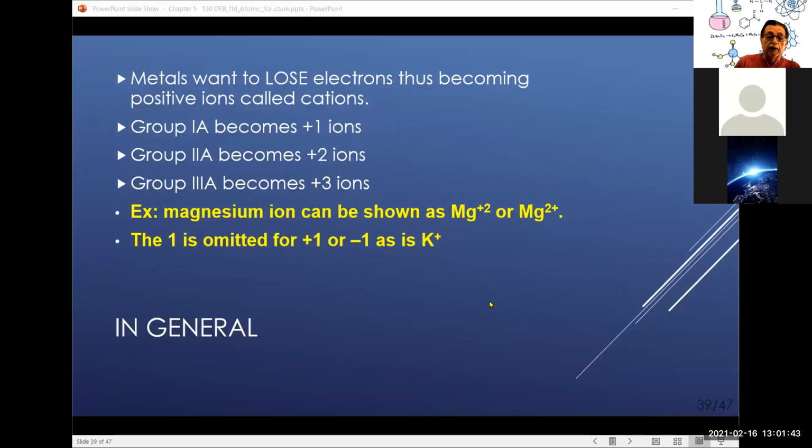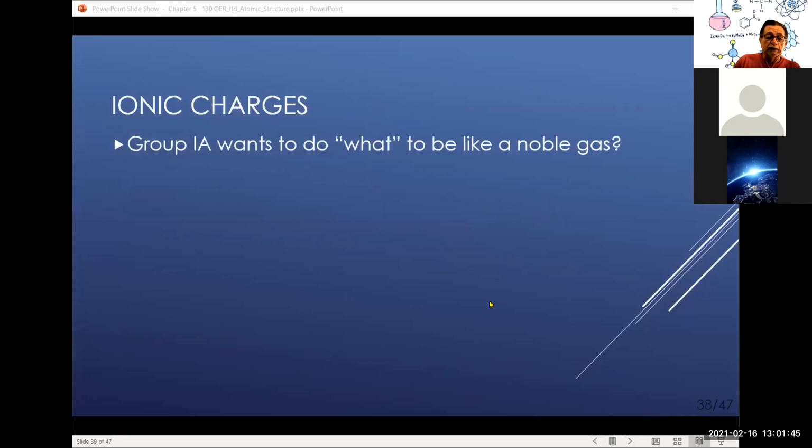Let me start off with where we ended up. We were in chapter 5, slide number 39, which puts us right here. I will back it up. We were talking about the elements and what happens to them with respect to losing or gaining electrons.